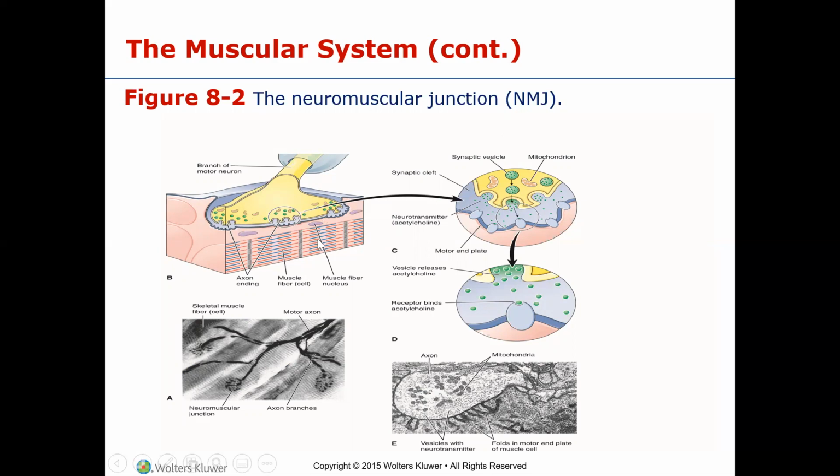If you look here, you have this area that looks like it's just shaded in blue. And that's the junction, the neuromuscular junction between the neuron here, the tip of the neuron.